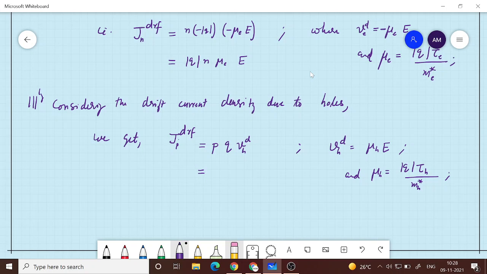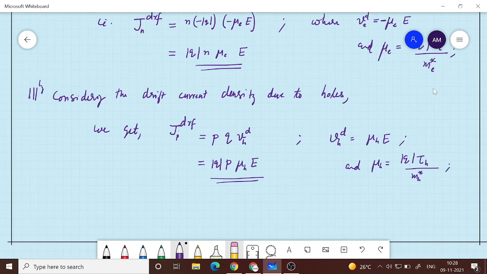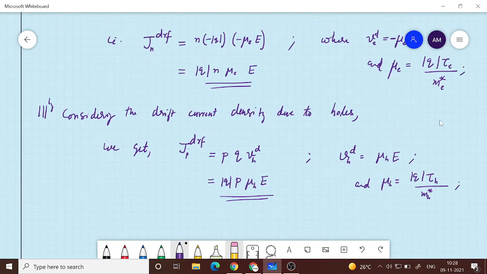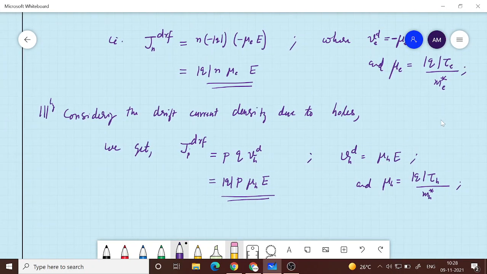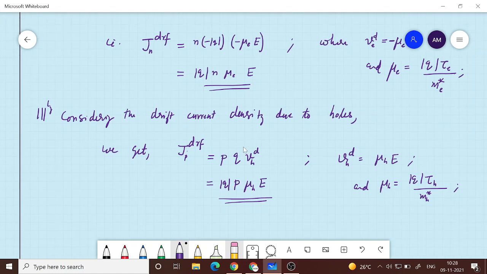So I can write Jp as modulus q into p into VHD, and VHD is basically mu h into E. Okay, so these are the expressions. Therefore we have derived two components for drift current, and if you add up these two, we get the total drift current.